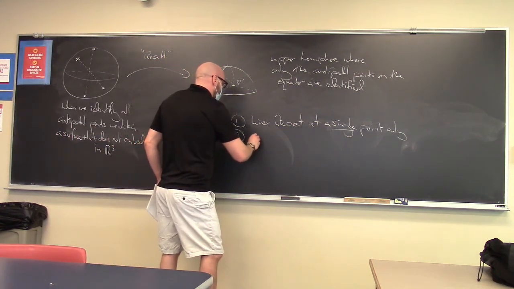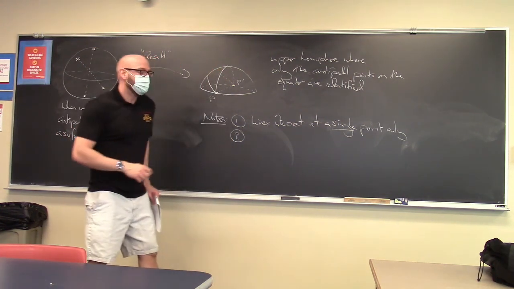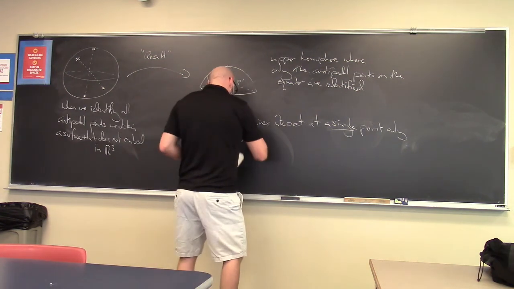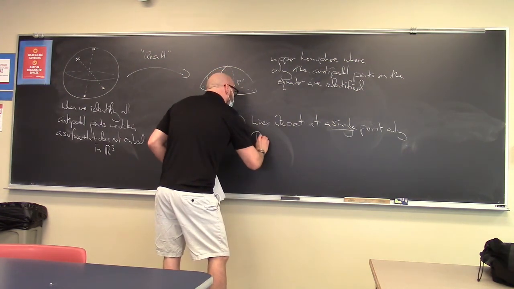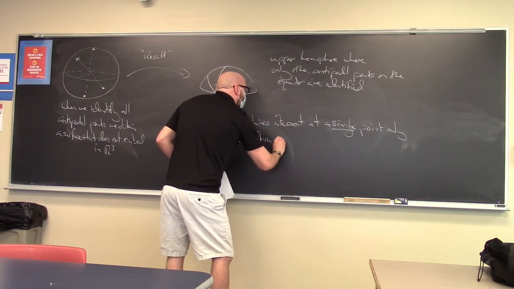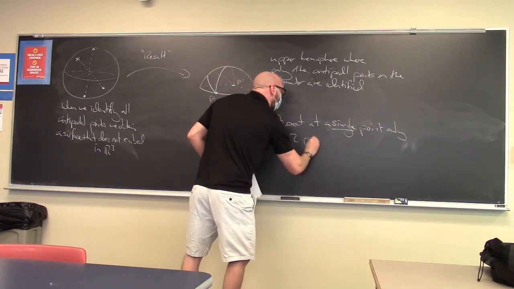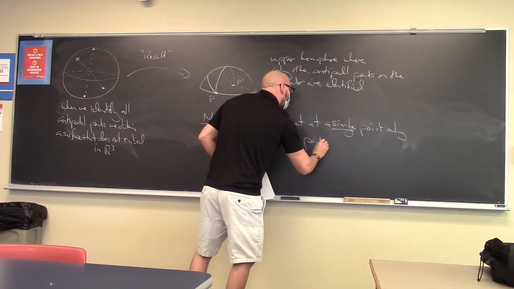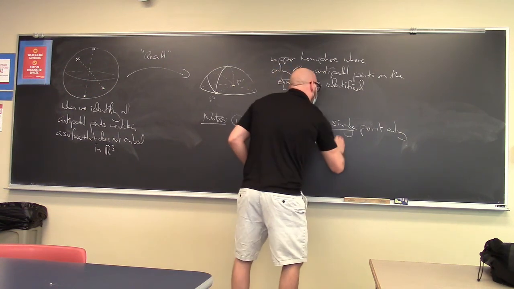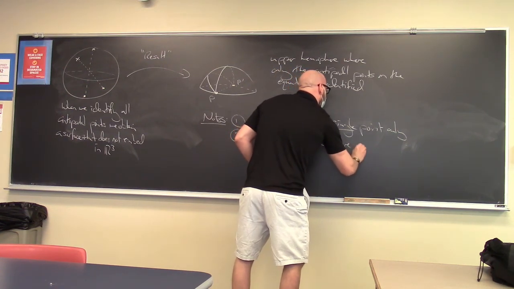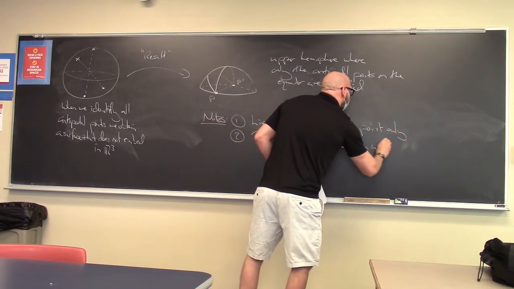Because we don't have this issue of having 2 poles anymore and different lines passing through different poles, we now have this nice property that through any 2 points, there is a unique line.